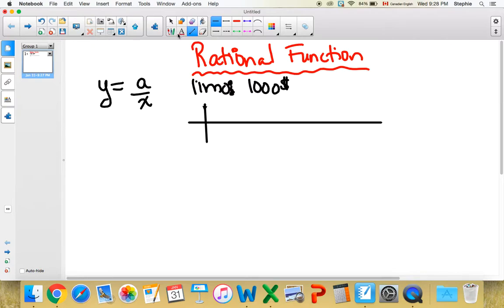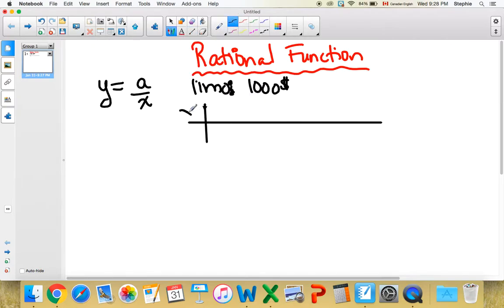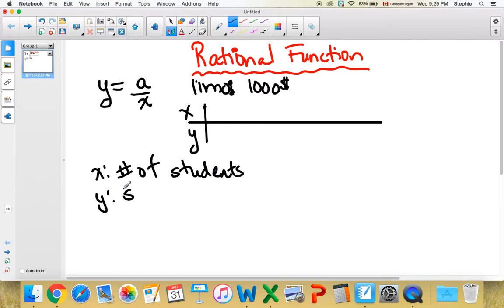So x would be representing the number of students or the number of people in the limo, and y would represent the dollars per person that it's costing them for the limo.